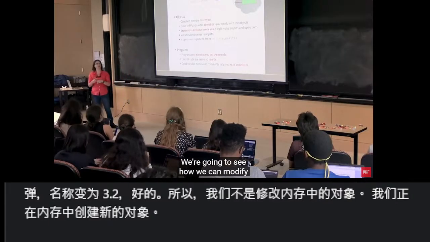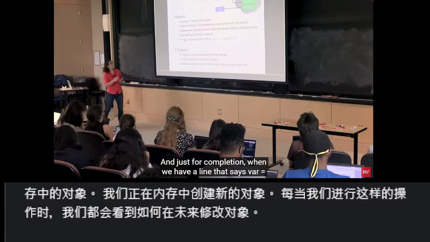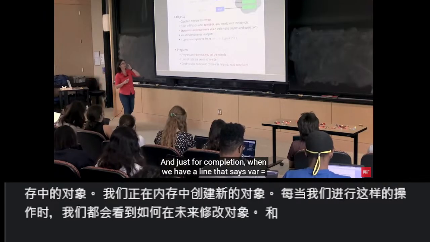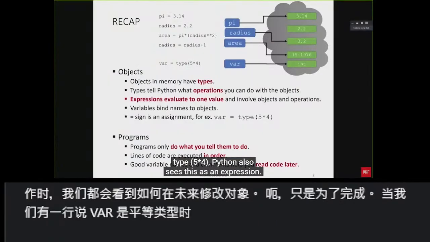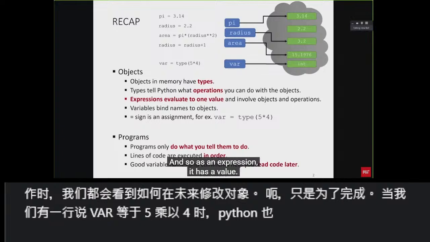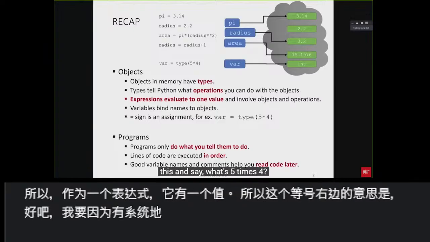We're going to see how we can modify objects way into the future. And just for completion, when we have a line that says var is equal type 5 multiplied by 4, Python also sees this as an expression. And so as an expression, it has a value. So the right-hand side of this equal sign says, well, I'm going to systematically evaluate this and say, what's 5 times 4?